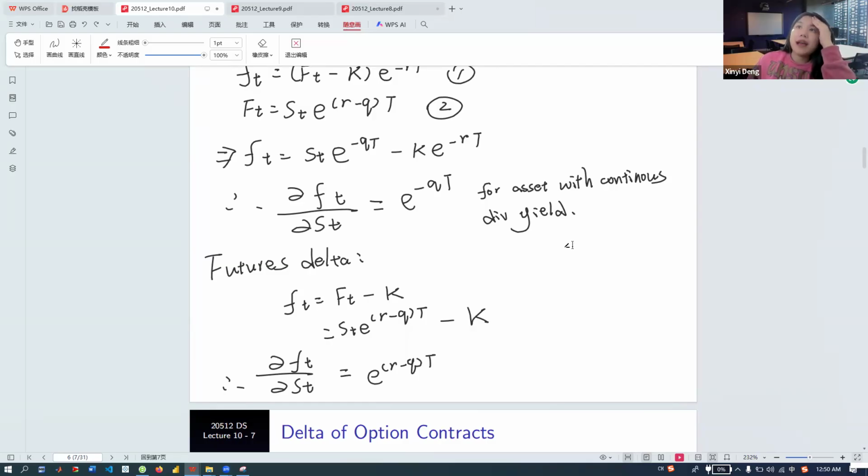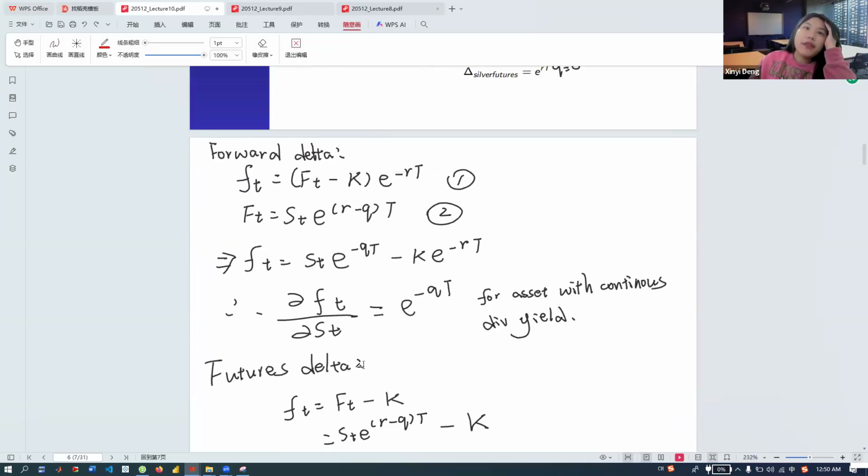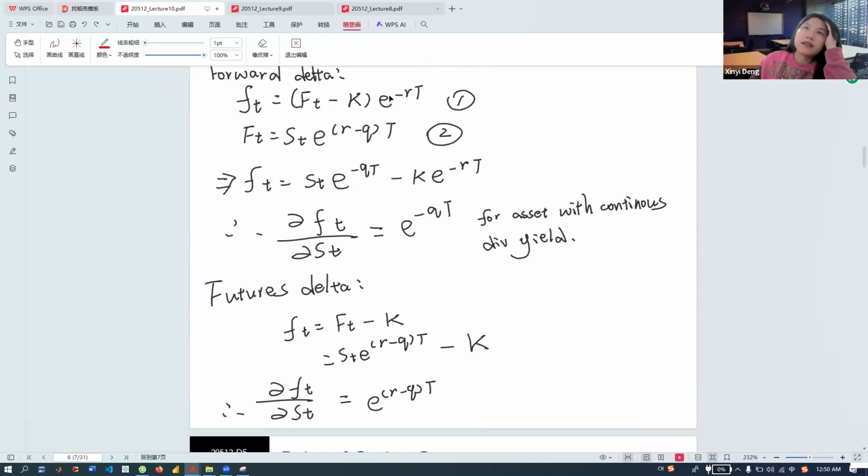So the value of the futures contract is going to be reset to 0 after closing the market every day. If that's the case, then the value of the futures contract is not discounted because it's realized every day immediately. Therefore, we don't do any discounting for this FT minus K.